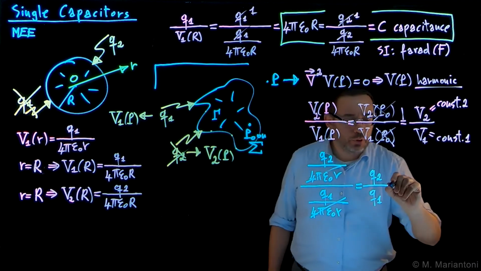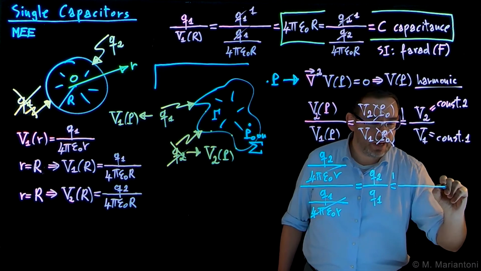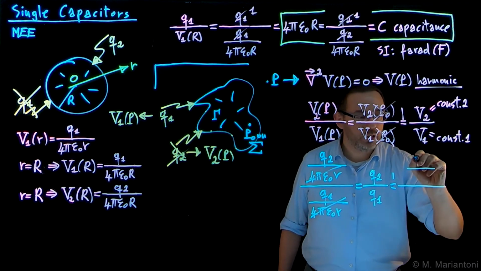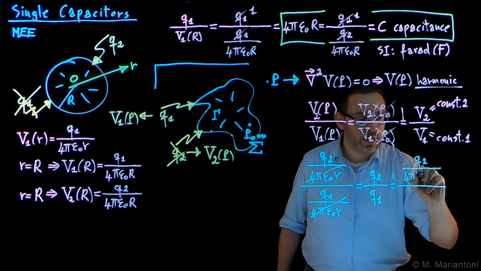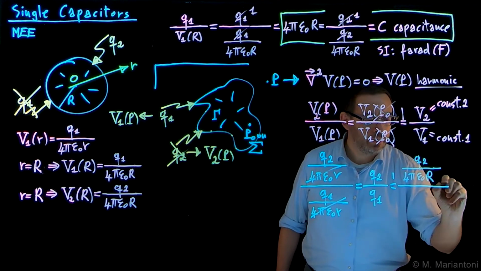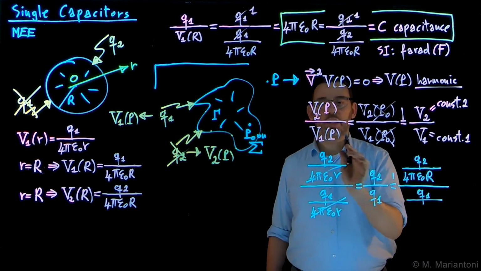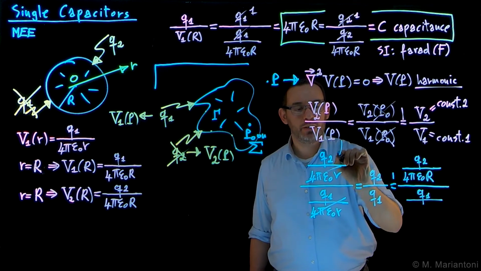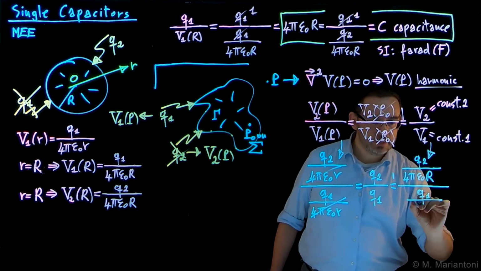And for example, you can also do it to verify that this is correct, right on the surface. So if you do the ratio, Q2 divided by 4 pi epsilon naught, a capital R, and I divide it by Q1, this is also true. This is exactly what I'm doing here. So first I calculated this quantity here, and then I calculated this quantity here, and both give the same result.